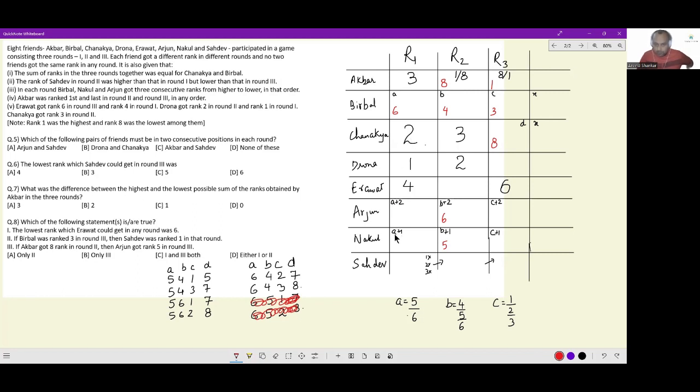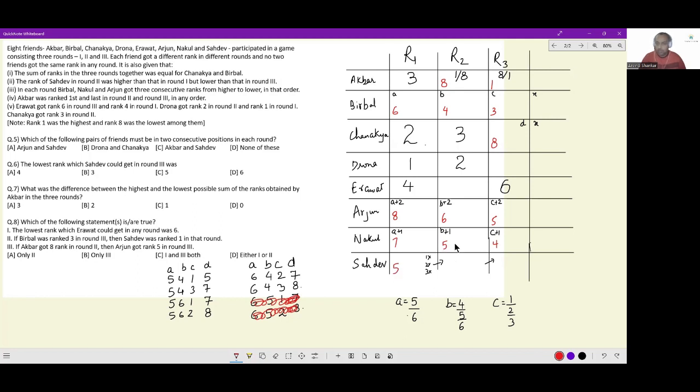This is 6. So this is 7, this is 8, this is 3, this is 4, this is 5. These numbers are known. So I will try to fill up for Sahadev in round 1. What will be the rank? 1, 2, 3, 4, 5. 5 is the only number left.